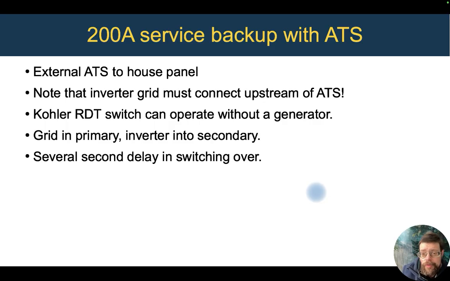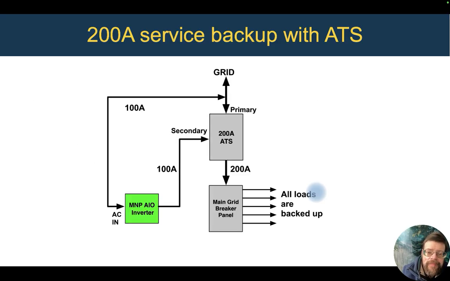So if you want to use a single Midnight Power all-in-one inverter to back up a 200 amp service, we'll use an external automatic transfer switch, 200 amp rated, to essentially connect it in. Here's the drawing of that.